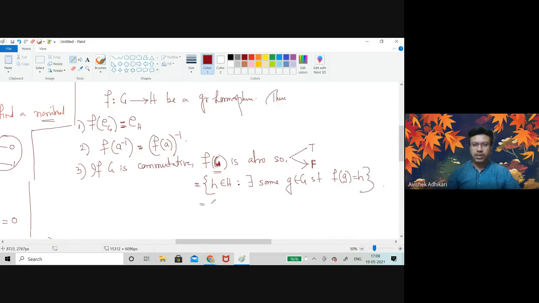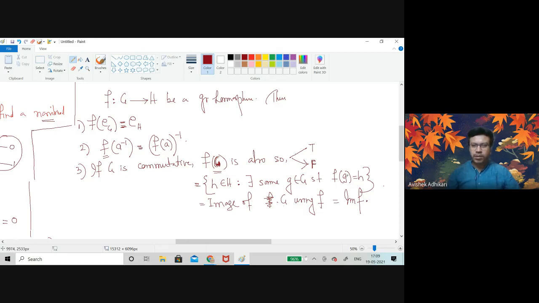This is called the image of f, or the image of G using f. So f is the homomorphism, and it is denoted by image of f.